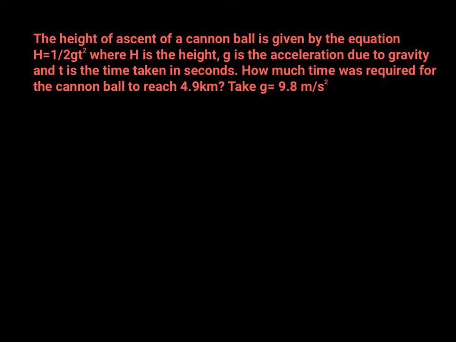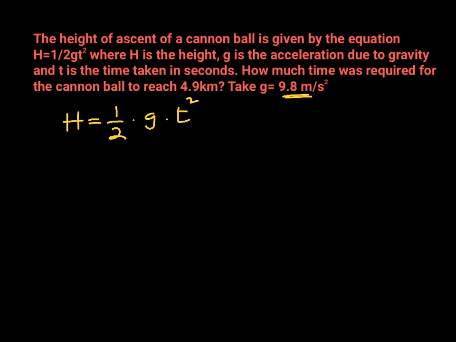Take g as 9.8 meters per second squared. First, we want to write the equation. The equation says h is equal to 1 over 2 times g times t squared. We know g to be 9.8, but we don't know t.